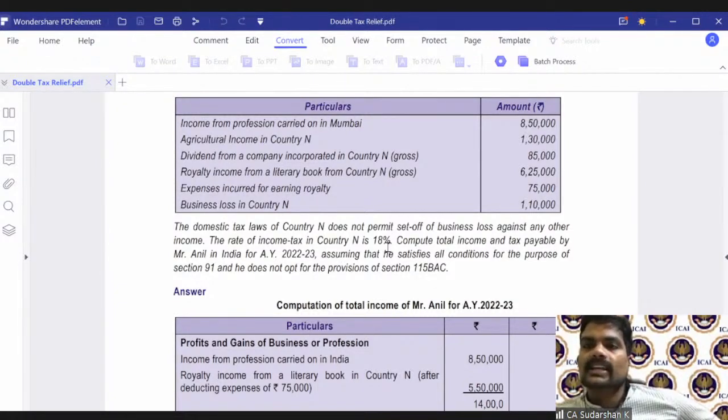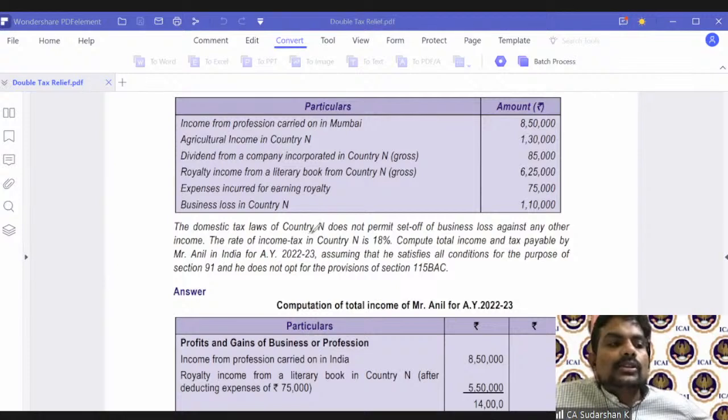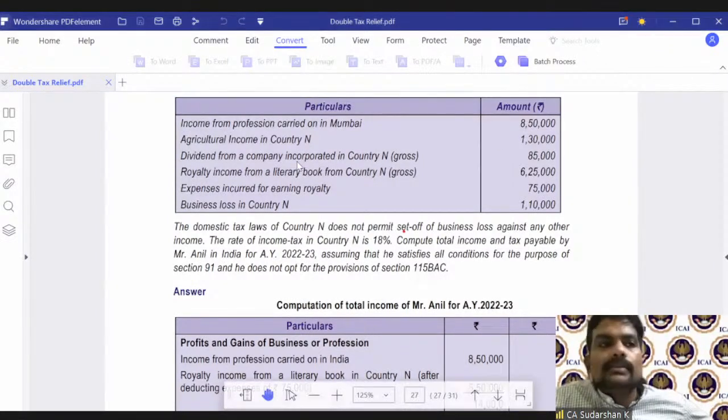My tax base will get reduced if I set off my business loss of a foreign country. But what the question specifically mentions is that the domestic tax law of country N does not permit set off of business loss against any other income. So therefore, we can provide the business loss.